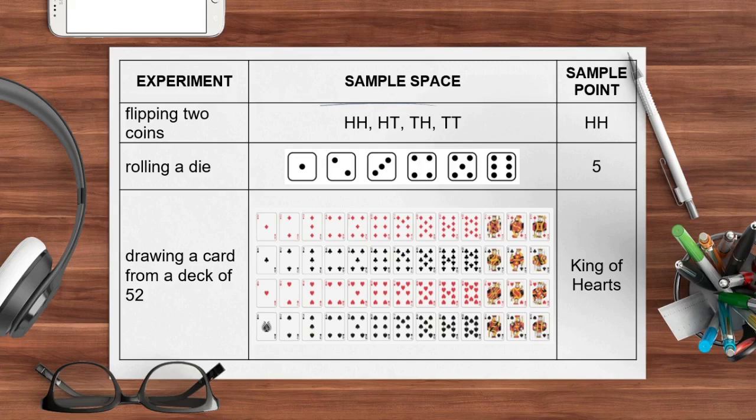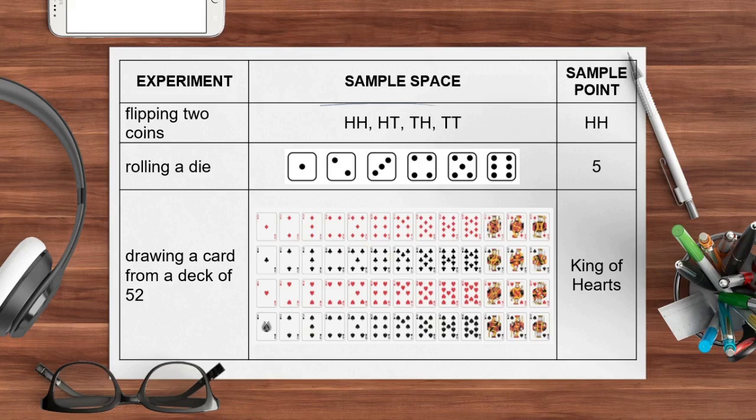So instead of just considering a head or a tail, we have to consider the outcome for each of the coins. So when we flip 2 coins, it's either 2 heads, or the first coin is head and the second coin is a tail, or the first coin is a tail and the second one is a head, or both of them are tails. And then we simply get one of those outcomes to come up with a sample point.